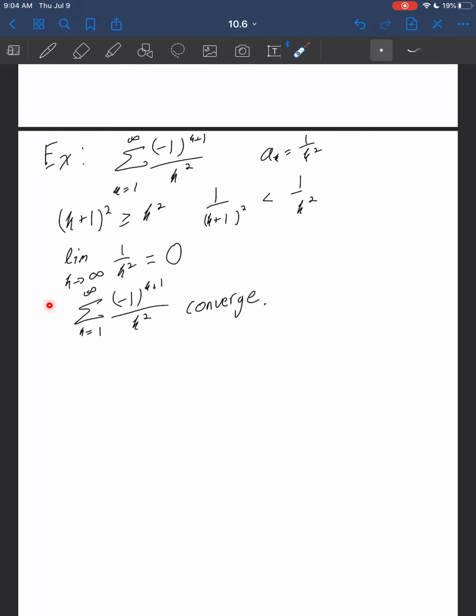Okay, and we say it converges conditionally if just the series itself converges.